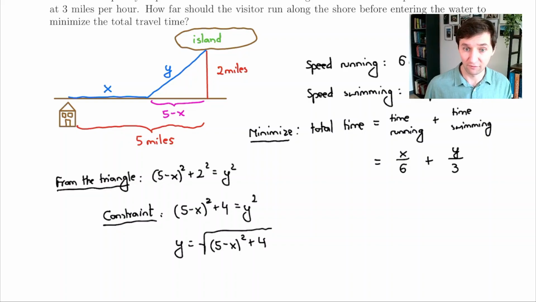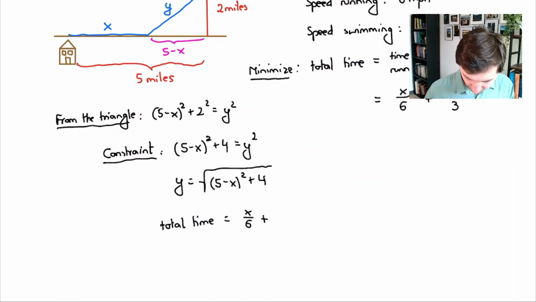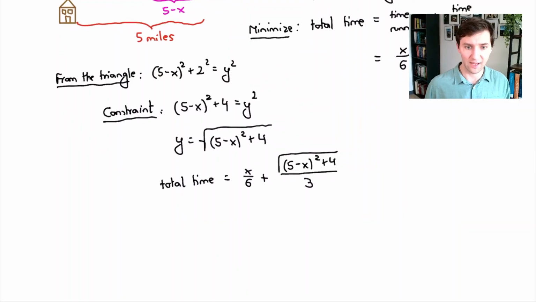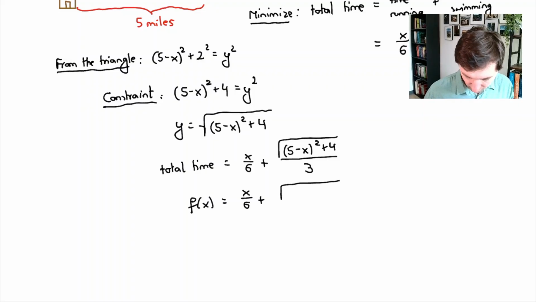Let me plug it into the function I want to minimize, and I get that the total time is x divided by 6 plus, instead of y, the square root of (5 minus x) squared plus 4, divided by 3. This is my function that I will minimize. Let's write it down as f of x: x divided by 6 plus the square root of (5 minus x) squared plus 4, divided by 3.